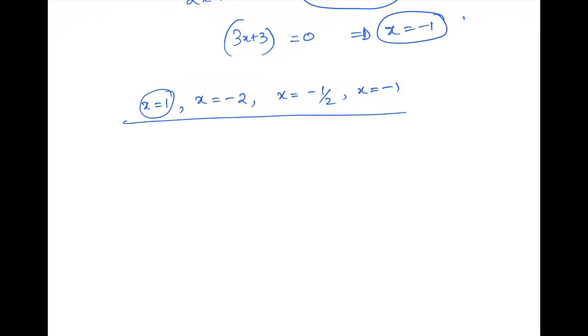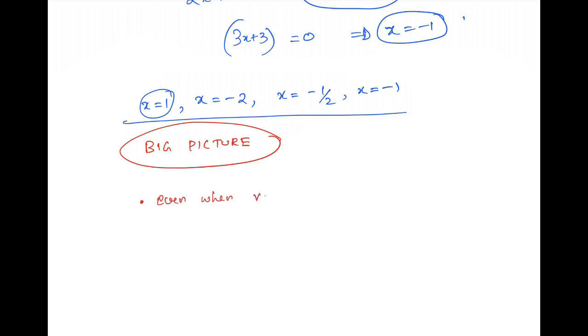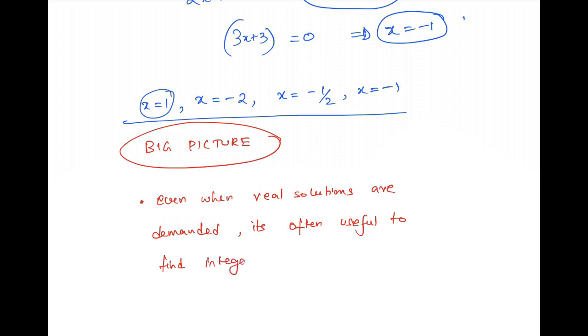Let's revisit the big picture one more time, the problem solving strategy that we actually found. The big picture is this, that even when real solutions are demanded, it's often useful to find integer solutions, maybe then rational solutions, and then to its full generality real solutions.